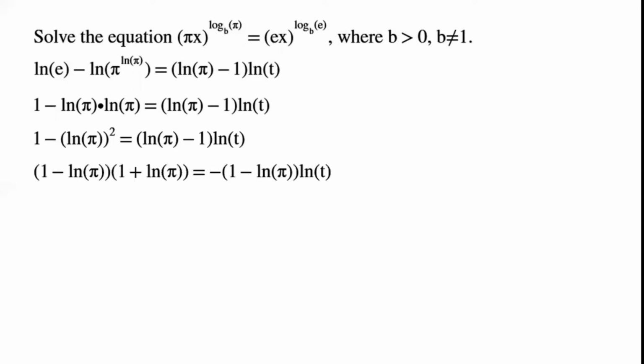We have a difference of two squares on the left-hand side, so we can write (1 − ln π)(1 + ln π). The right-hand side can be written as −(1 − ln π) times ln t. The factor 1 minus ln π on both sides cancels, so 1 plus ln π equals minus ln t.